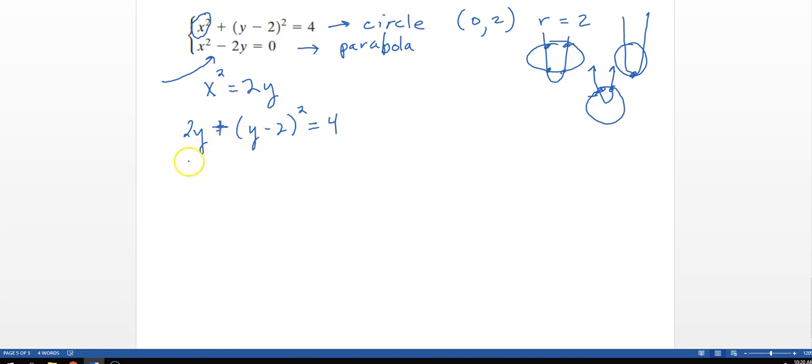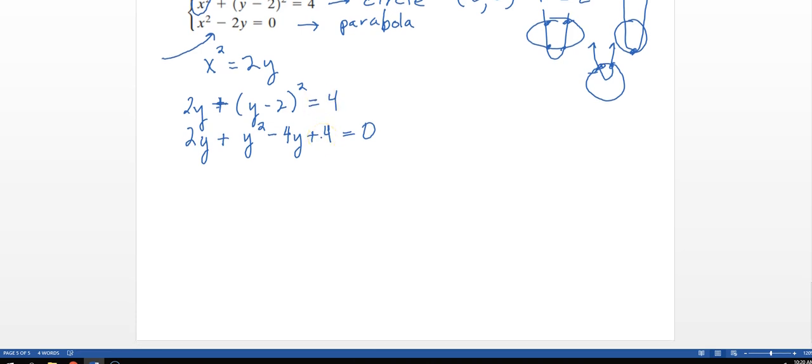And multiplying the y minus 2 out, we get 2y plus y squared minus 4y plus 4, equals 4. Therefore, adding like terms, we get y squared minus 2y plus 4 equals 4.